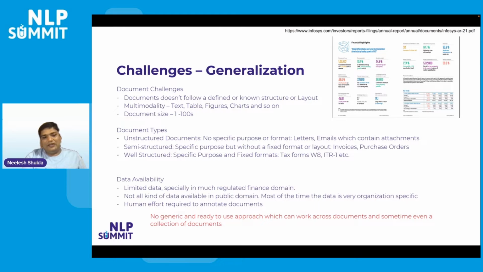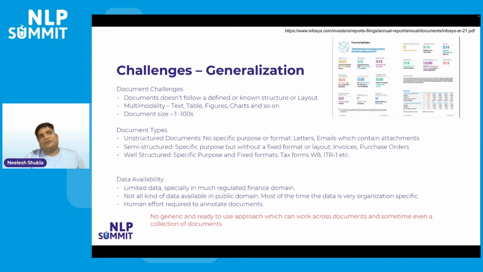And obviously data availability is very low as of now. Document intelligence is still at a very early stage, in research and academics, and even in industry we do not see a lot of data. Even for us, why it is challenging in the financial domain is that all the financial data is very sensitive, and we cannot put it in public.